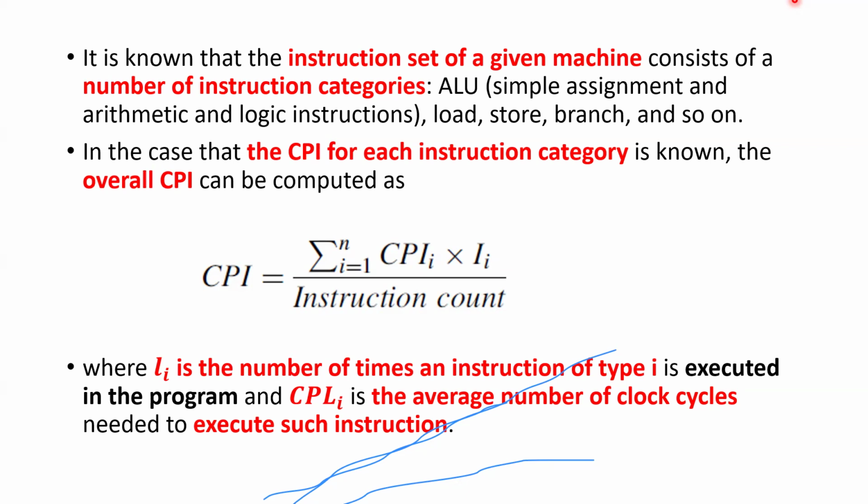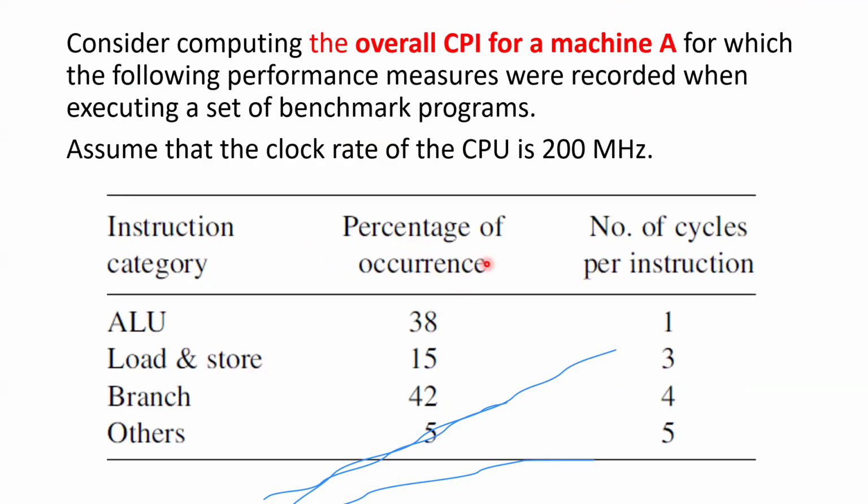Now, to do this, we are going to multiply the CPI times the times in which it occurs. What does that mean? If I take this half of the formula, CPI times I, that alone, I have a table over here. It tells me that this is the instruction category: ALU, load and store, branch, and others. Now for ALU, the percentage of occurrence in the CPU was 38, and it did this once.